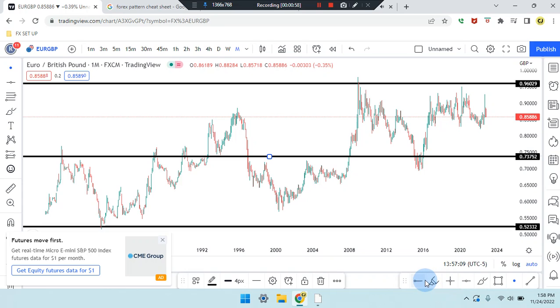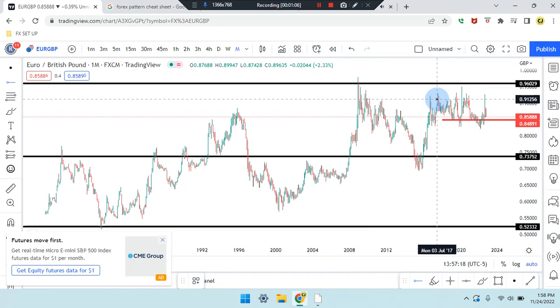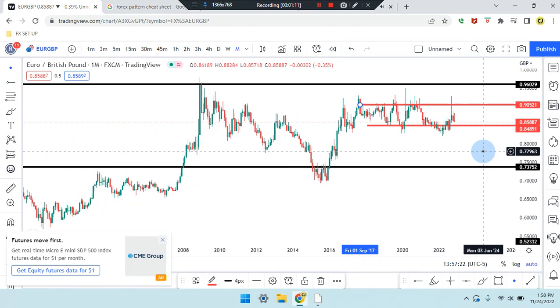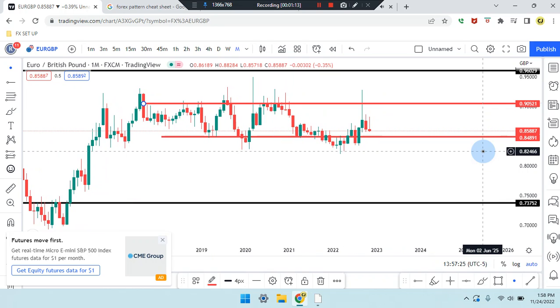Also adding second level highs and adding third level highs. So let's zoom in on the price and see what's going on.